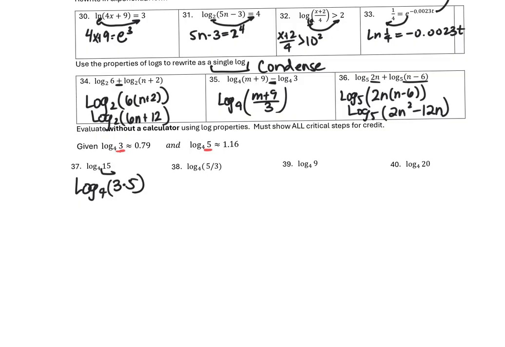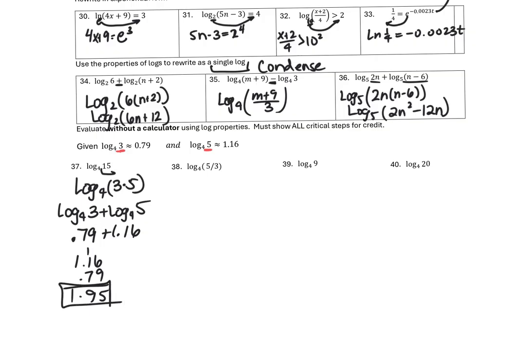And then I know my log property says that multiplication becomes addition. So log 4 of 3 plus the log 4 of 5. And now that's 0.79 plus 1.16. And then we're going to add that up. Remember, line up your decimals. That's 1.95.